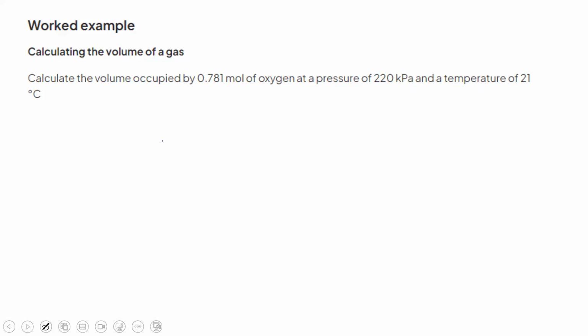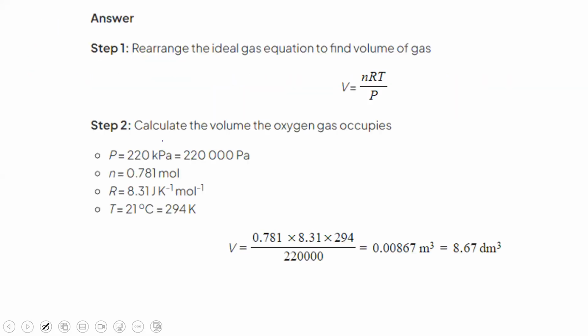Calculate the volume of a gas. Calculate the volume occupied by 0.781 mole of oxygen at a pressure of 220 kilopascal and a temperature of 21 degrees centigrade.